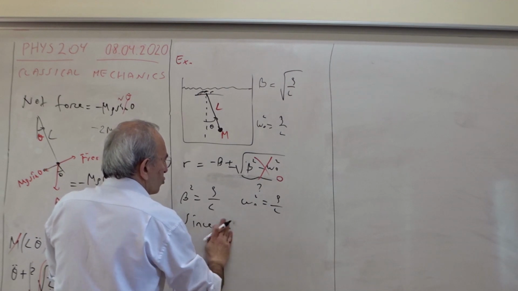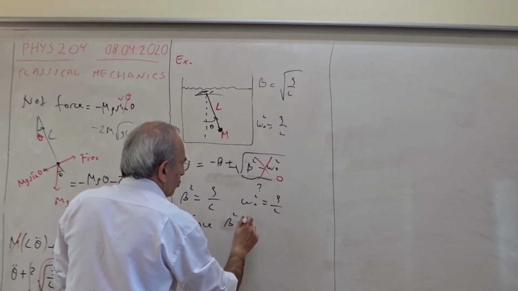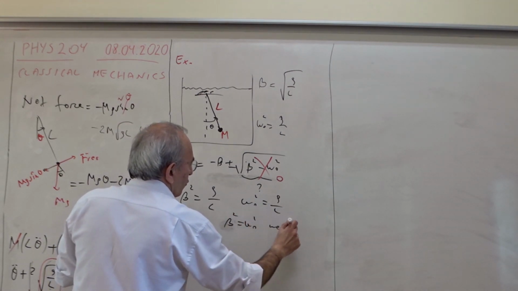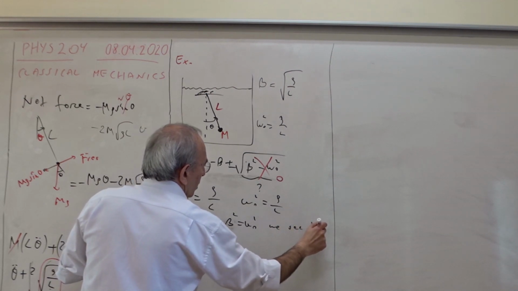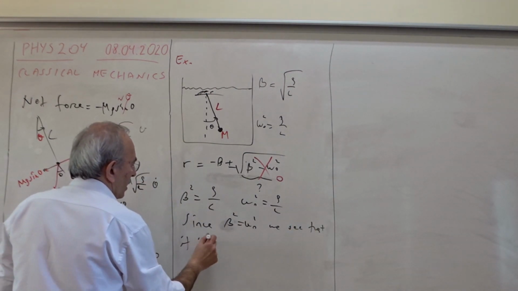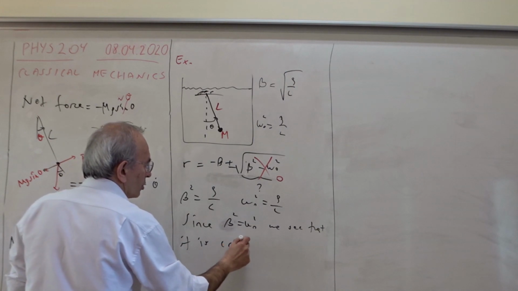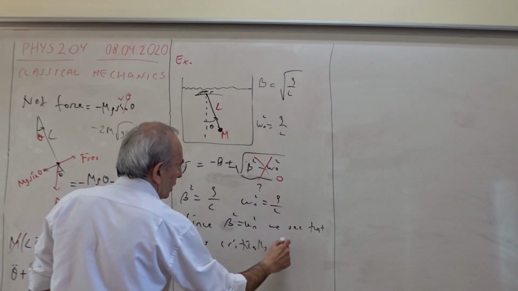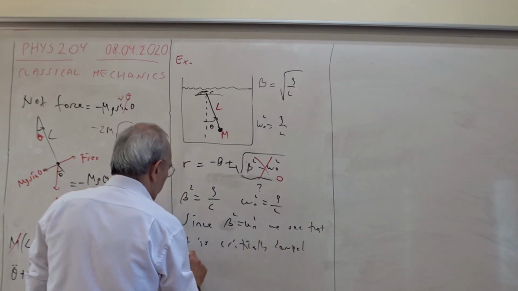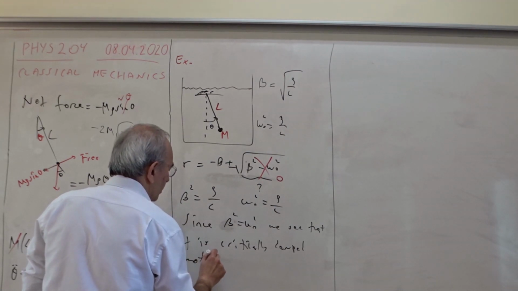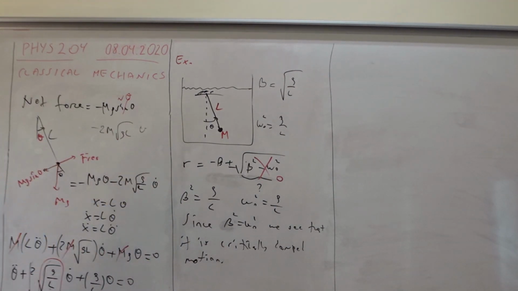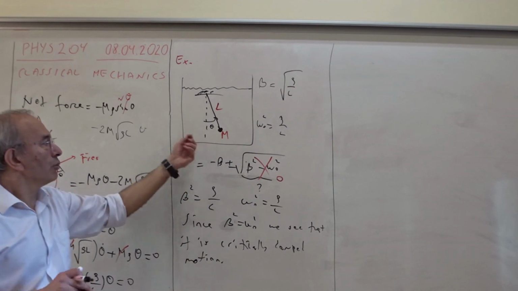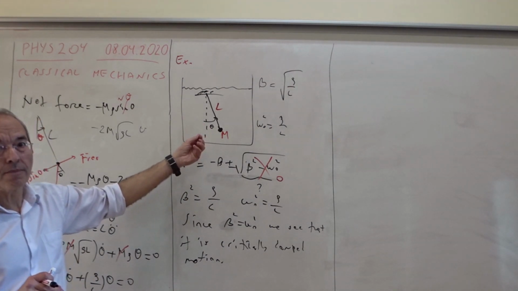Since beta squared is equal to omega 0 squared, it is a critically damped motion. What is the significance of critically damped motion? It doesn't make oscillations back and forth.